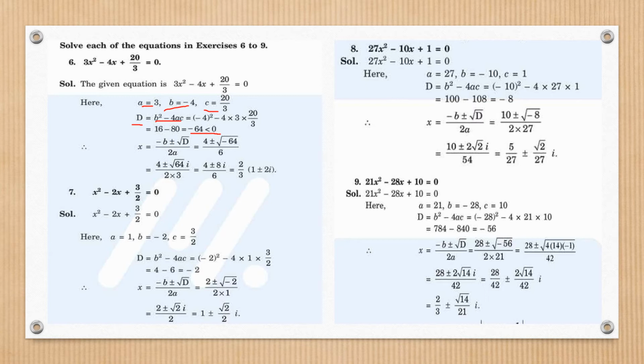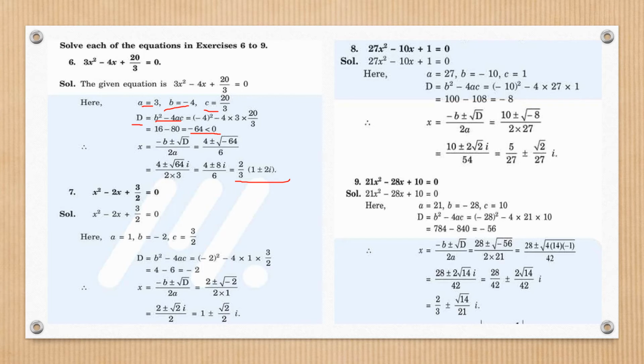And this minus 64 will give me root 64 iota, so it is 4 plus minus 8 iota upon 2 times 3, which is 6. 8 8s are 64, so it becomes 8 iota. So I can take 2 by 3 common, and this can be expressed in this way also.